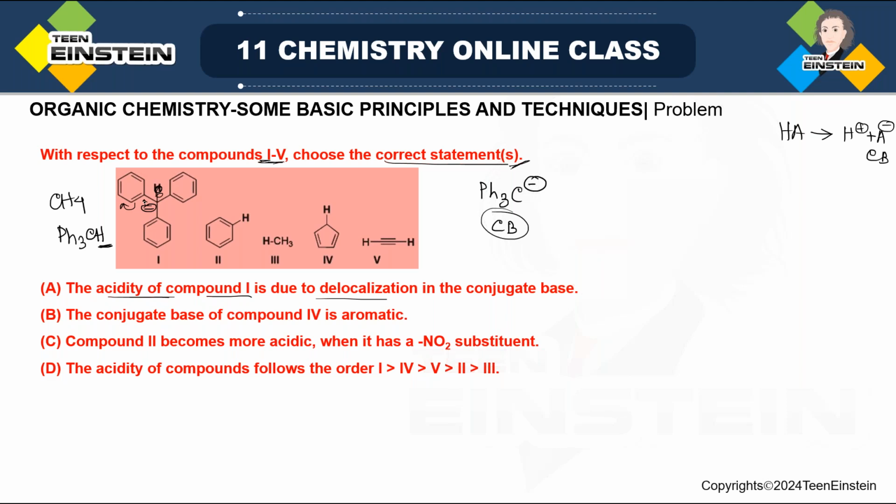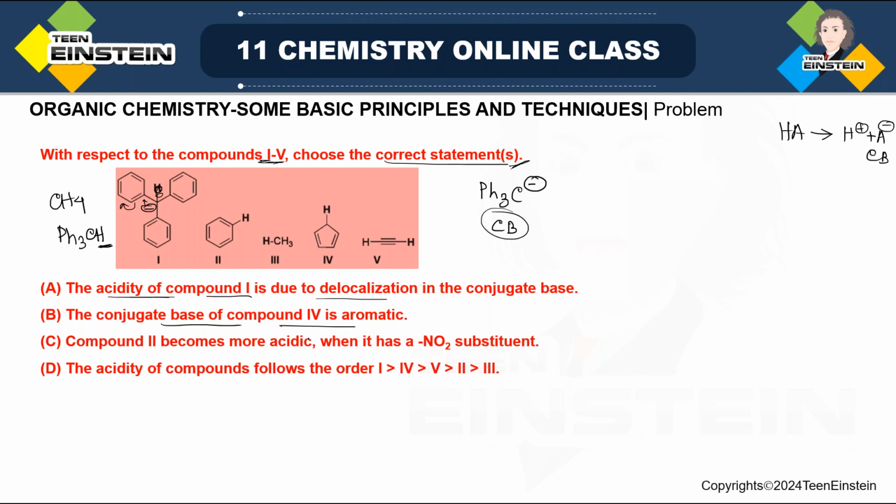So though there will be delocalization, it is not that it is having delocalization in 3 rings. So A minus is very stable. That means HA is a very good acid. But actually that is not the case. It is true that delocalization is happening, but HA is not a very good acid. But anyway, the option A statement is correct. Acidity of compound 1 is because of delocalization in the CB.